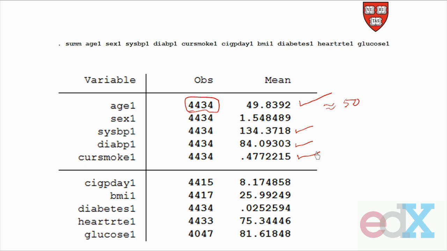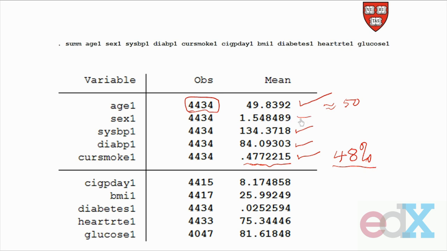Current smokers, now here the current smokers was yes, no, a 0-1 variable. So this tells us that roughly 48% of the people in the study had the value 1. The other 52% had the value 0. So if 1 means smoker, that means that there were 48% smokers.